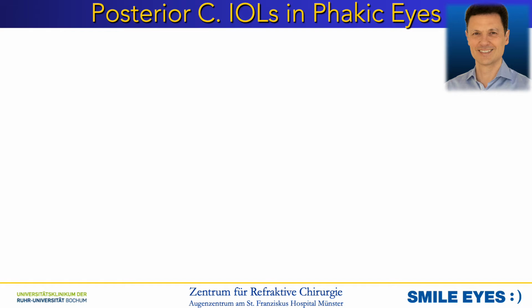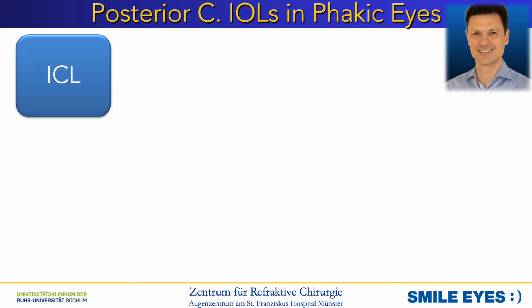Posterior chamber IOLs are available in various types today. The most popular one is the ICL, and the ICL may be regarded as the gold standard for posterior chamber IOLs in phakic eyes because of its proven safety and efficacy.